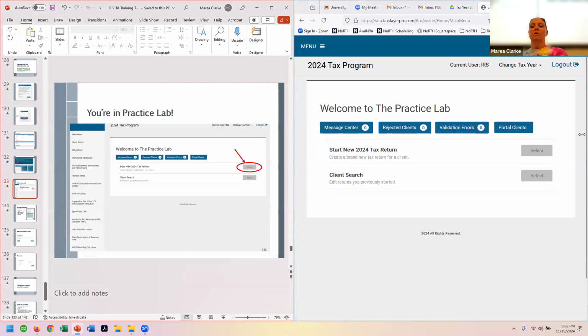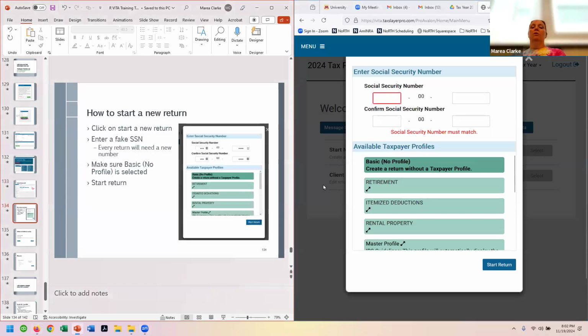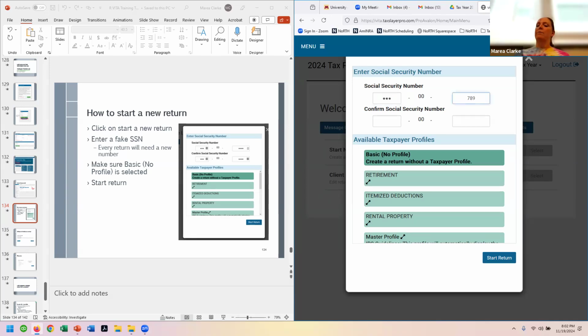So when we want to create a return, we would start a new return. We will enter a fake social security number. This system is not live. You cannot file a real return for anybody. When we use the FSA software, that is live. There's no non-live version, and you can file a real return. So you want to be careful. But for this, we're just going to make it up.